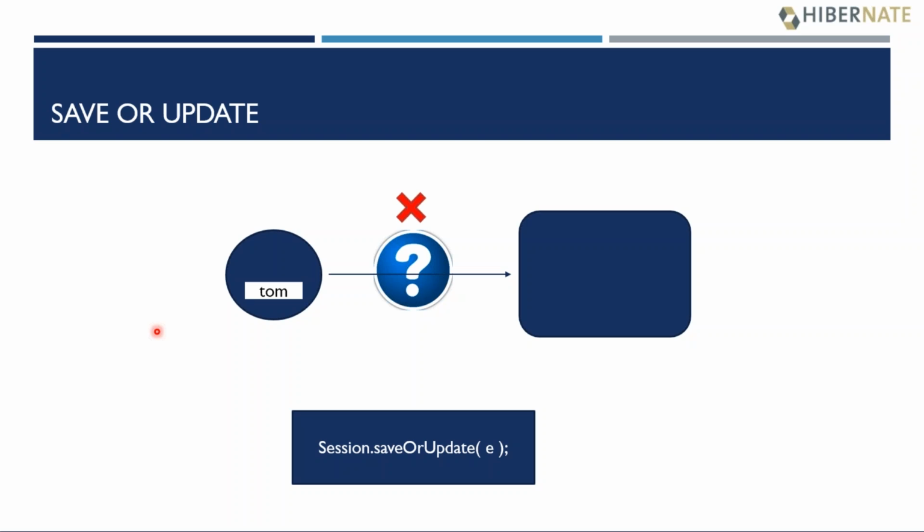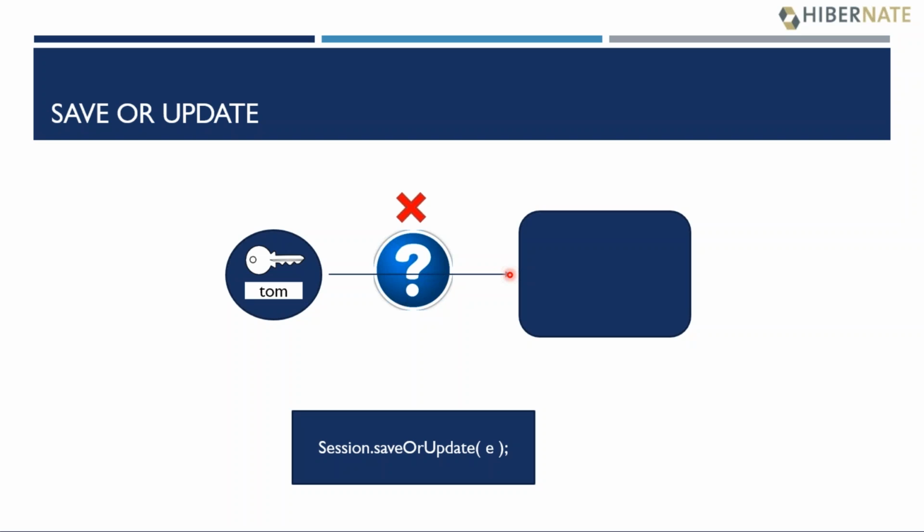Because it is not associated, Hibernate will check, is it present in the persistence context? Because it is not present in the persistence context, it will generate the primary key for this, because it is creating the primary key for this object for the first time. This is a new object.